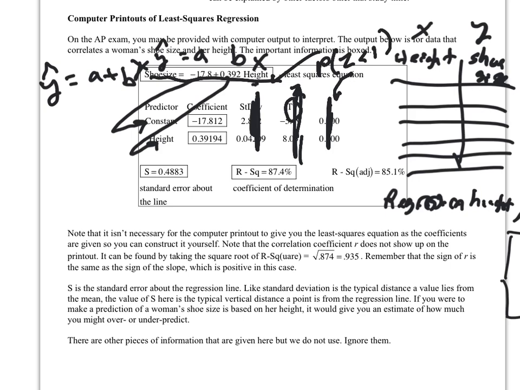There's your r squared, very important. So you got your equation, y hat equals a plus bx. You got your r squared. It doesn't give you r, so in order to get r, you would have to take the square root of r squared. This is not used either.